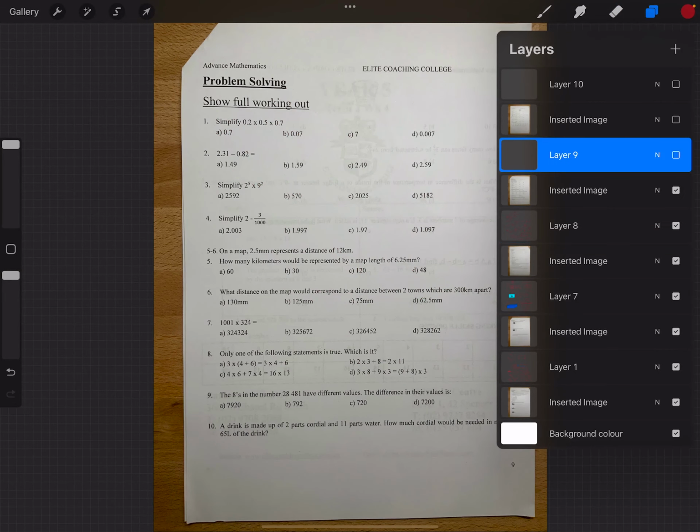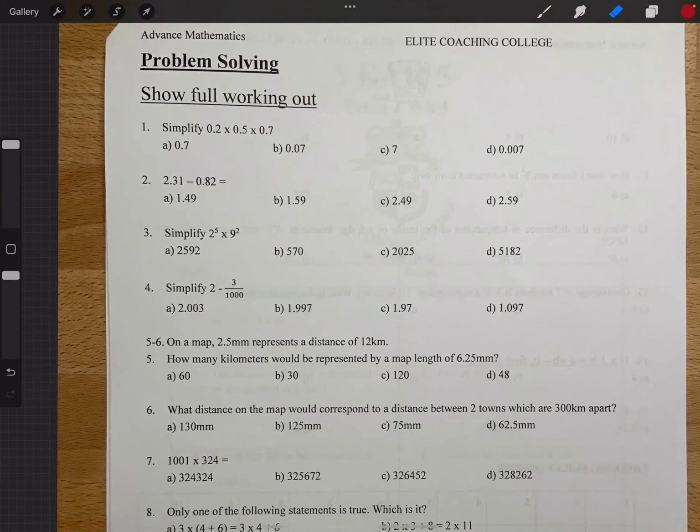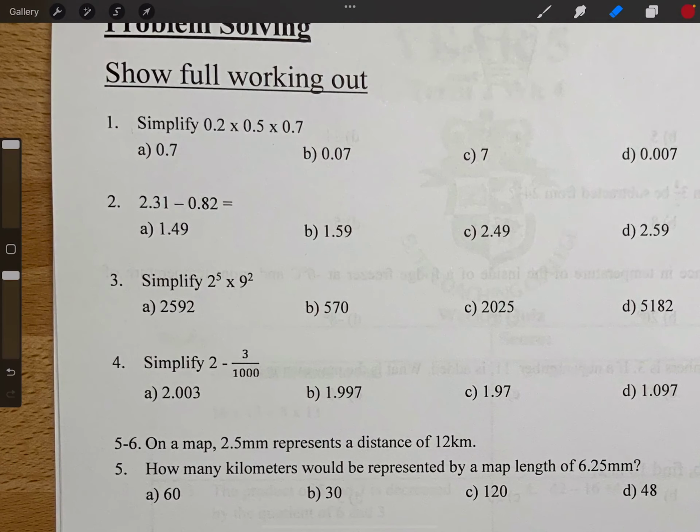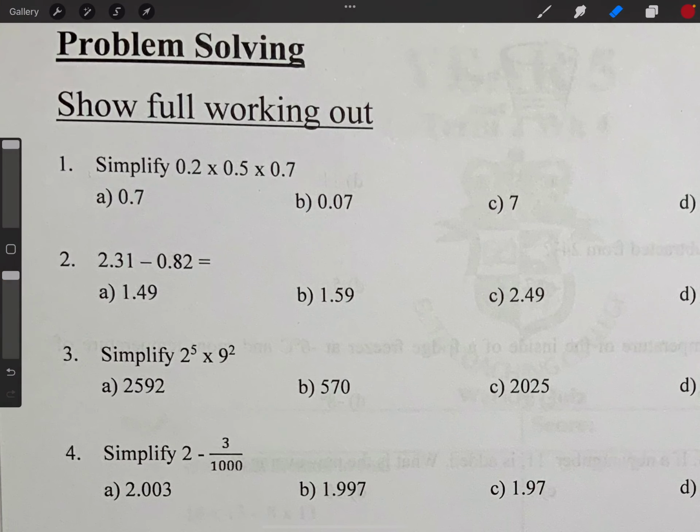Next page. All right. It says simplify. Okay, no problem. Let's work this out. So let's do the first one.